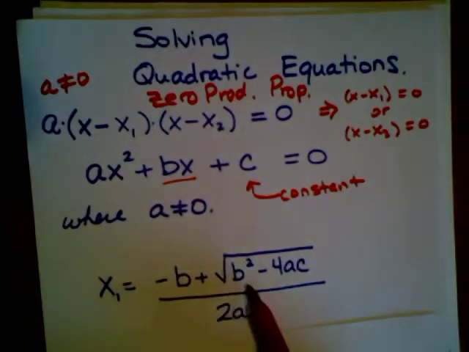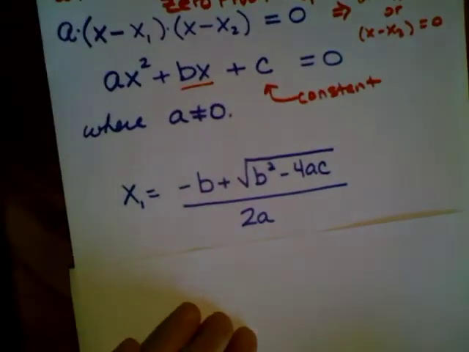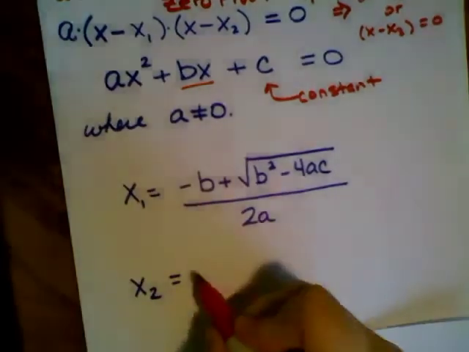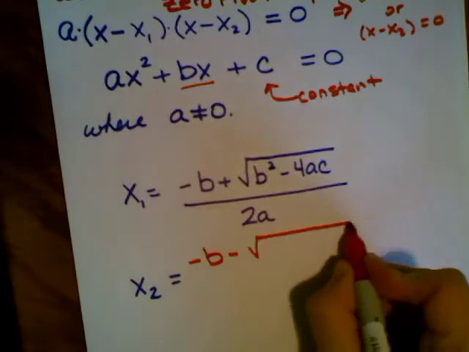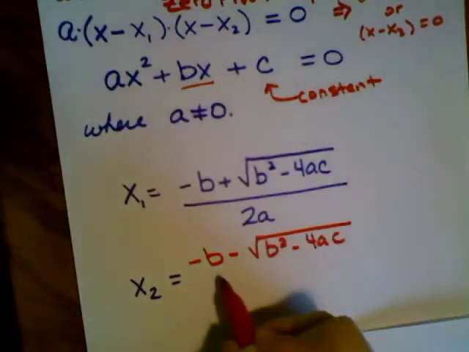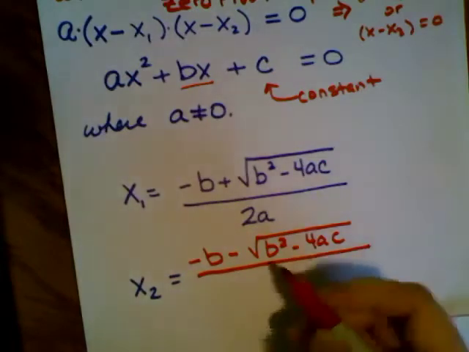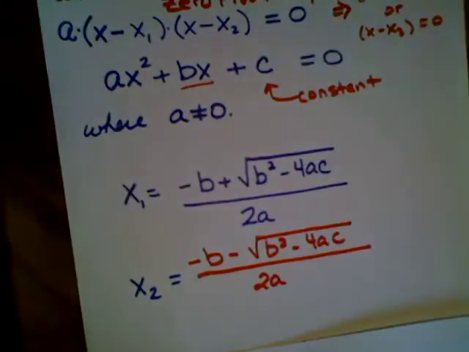So the numerator's sum is simplified first, and then we divide that answer by twice a. To find the second solution, we would also take opposite b, but we'll subtract the square root of the difference, b squared minus 4ac. And once that numerator is simplified, then we would divide by twice a.